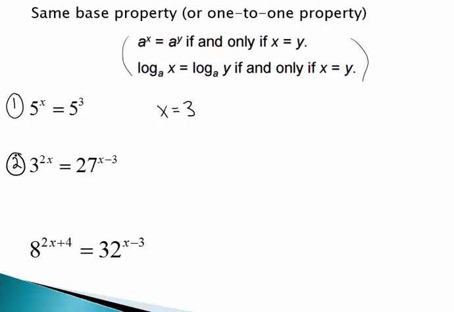So for problem number 2, I don't have the same base there, but I'm able to rewrite 27 with base 3. If that's a 26 or a 25, this doesn't work. But because 27 is the same thing as 3 cubed, I can rewrite my problem like that, and now I have two sides of the equation with the same base, and I can equate my exponents, what I just circled there in red.